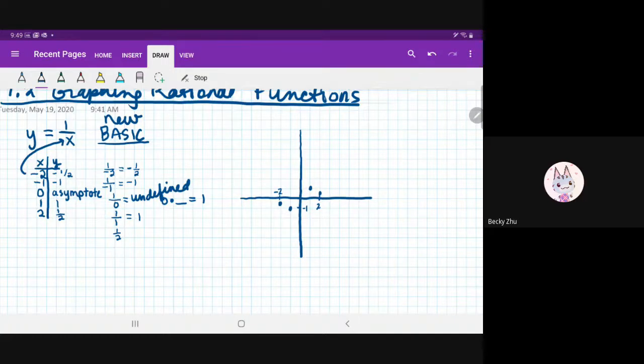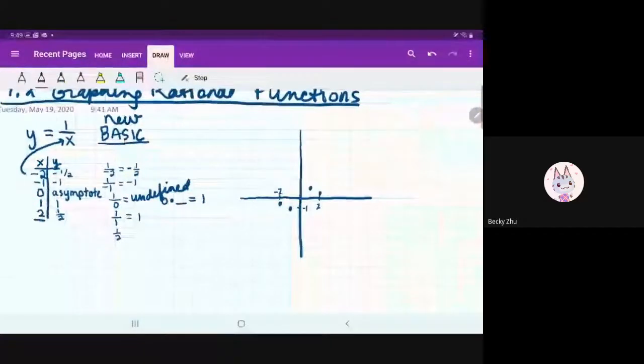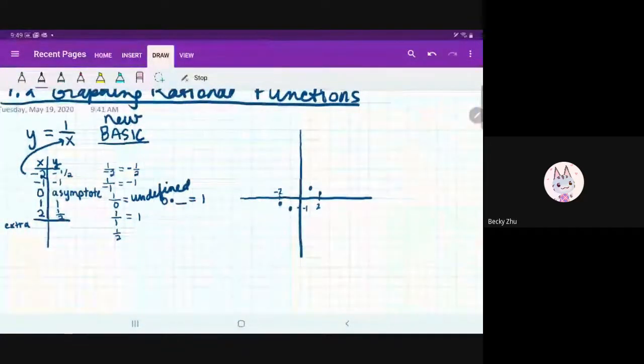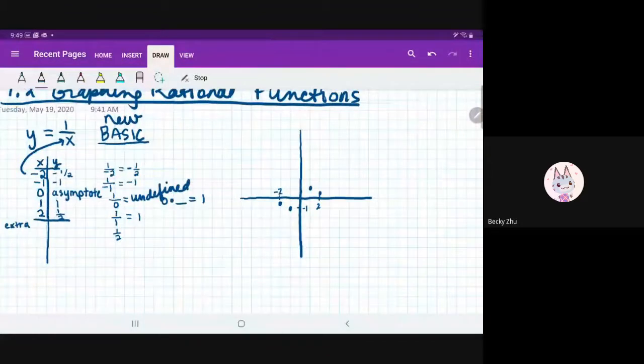So right now that's not enough points to know what shape it's going to look like. I mean, I could connect those points in any arrangement. So I'm going to write here extra. Okay, so we're only graphing these extra points because we don't know what it looks like. Now later we're going to memorize it.